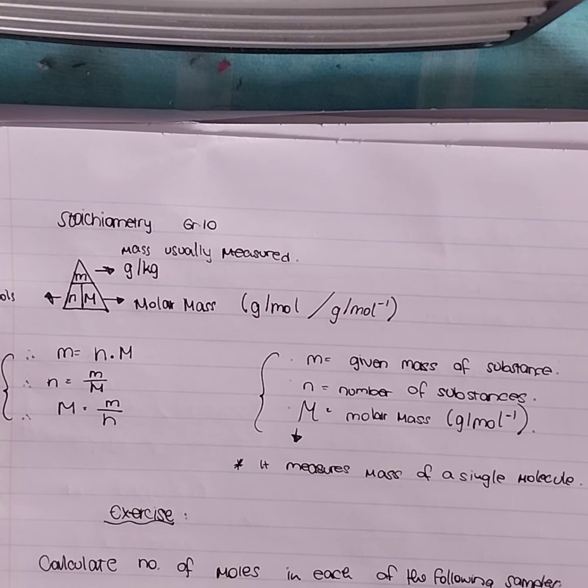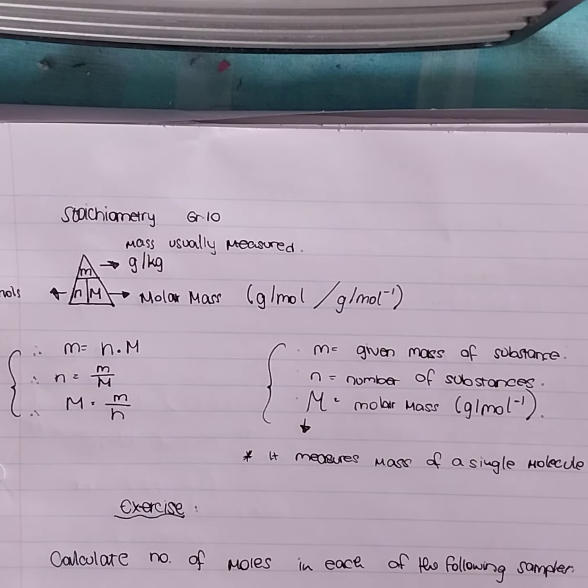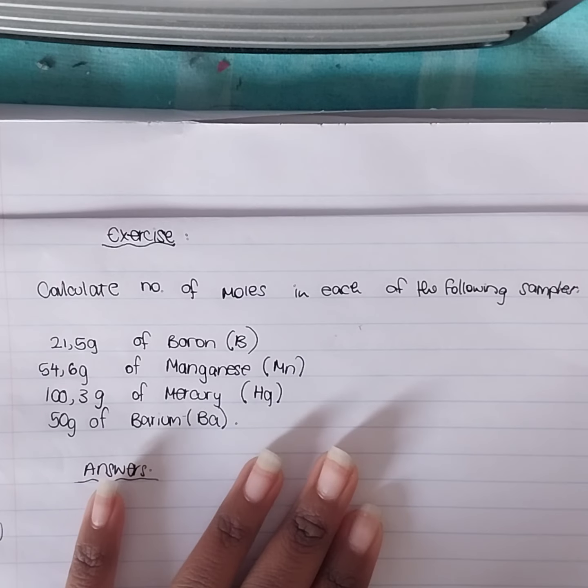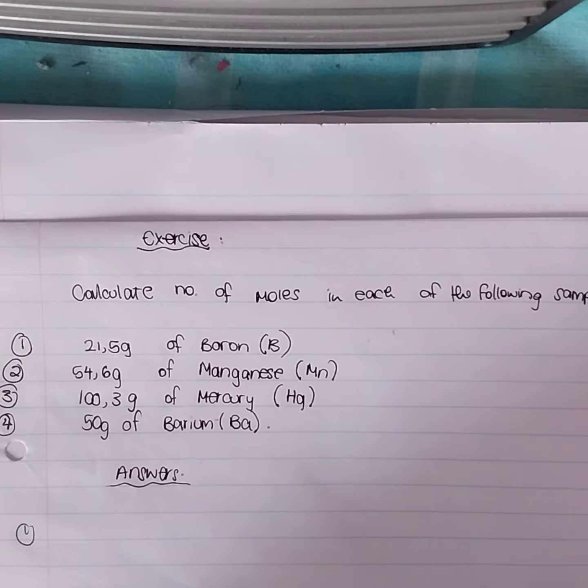So let's get to an exercise so that you don't get confused, all right? This is still stoichiometry. We're calculating mass, molar mass, or even number of moles. But this exercise that I've given you guys is to calculate the number of moles, the small n, right? I just have 4 exercises.